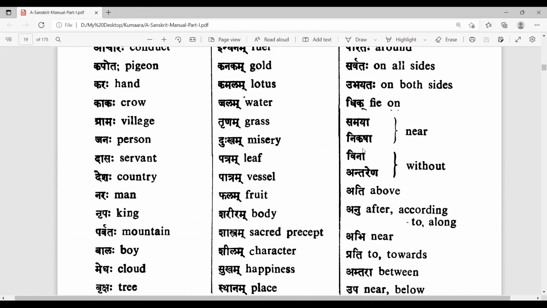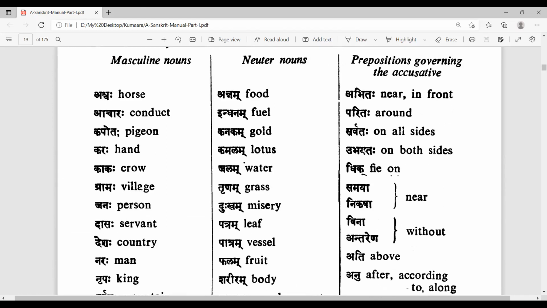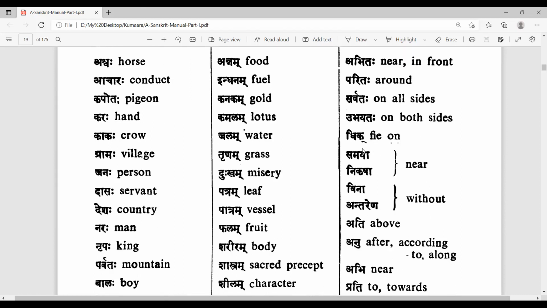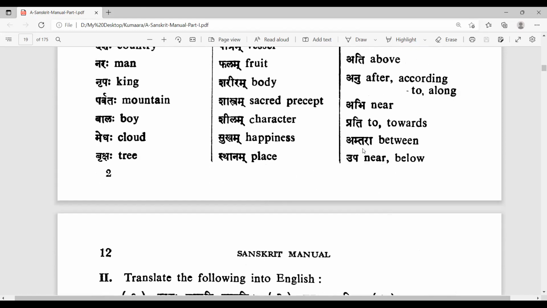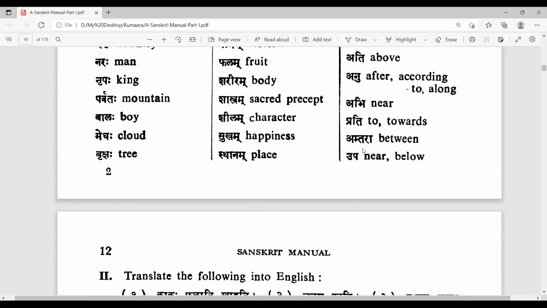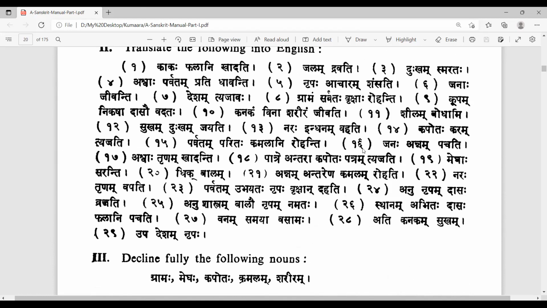Other possibilities we will see when the other lessons come. But now these prepositions govern dvitiya vibhakti; that is what the lesson says. These are called upapada vibhakti. Therefore patre antara is not saptami, please note. If the word antara were not there, then patre would be saptami.